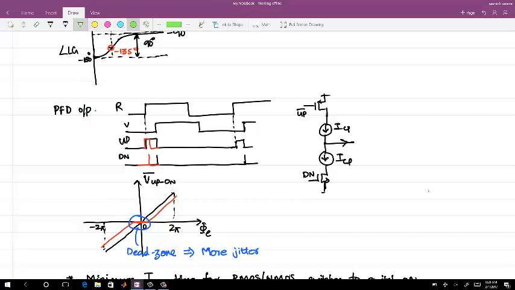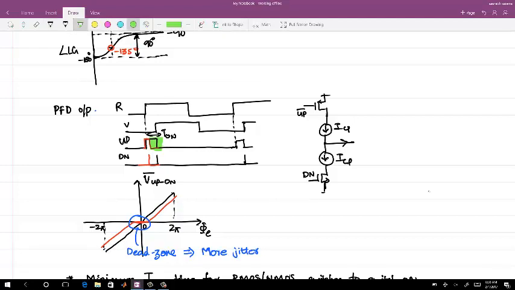So let me just say, you have seen this red one which I have plotted here as a very small phase error for which it cannot switch on. So I add, let's say, T on period to this so that I can switch on. Now if I add a minimum T on to this and I do not do anything to the down pulse, then you are actually putting in, deliberately, more error information.